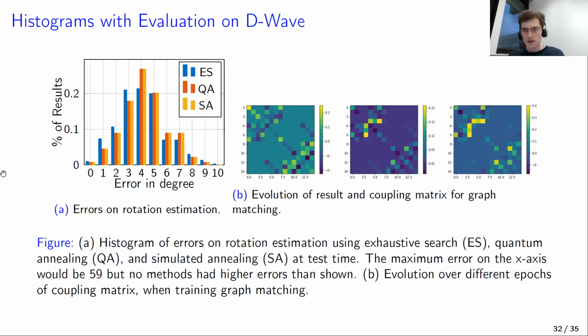Yeah, I think it would be training time. How would it be for this rotation estimation where we don't train, Max? Yeah, here the limiting factor why I couldn't scale up more on the classical hardware was that we were using exhaustive search, and this was taking a lot of memory and computation time on the bigger matrices.